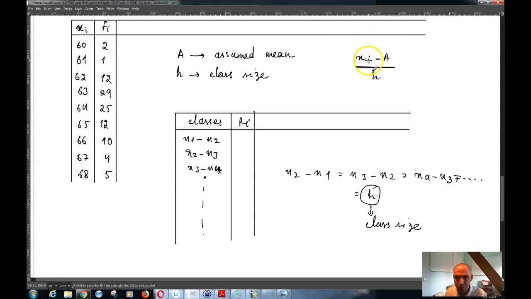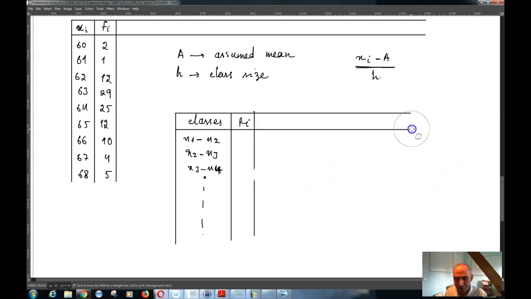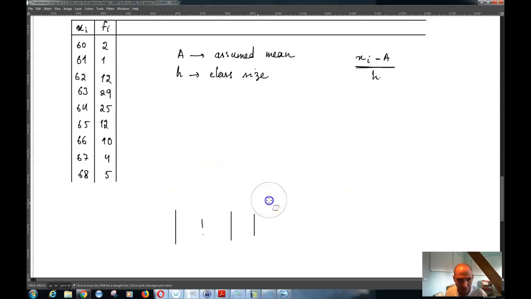So this becomes the changed version of x of i. Once I have changed my x of i, I can call it, for example, y of i. I can define some other variable, so instead of x of i I can write y of i, and now y of i is a function of x of i, meaning that when you change x of i, y of i will be changed.